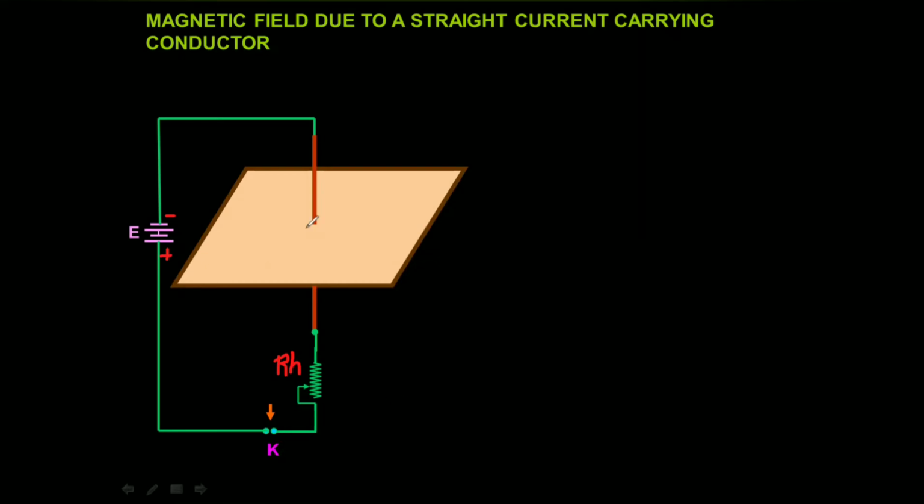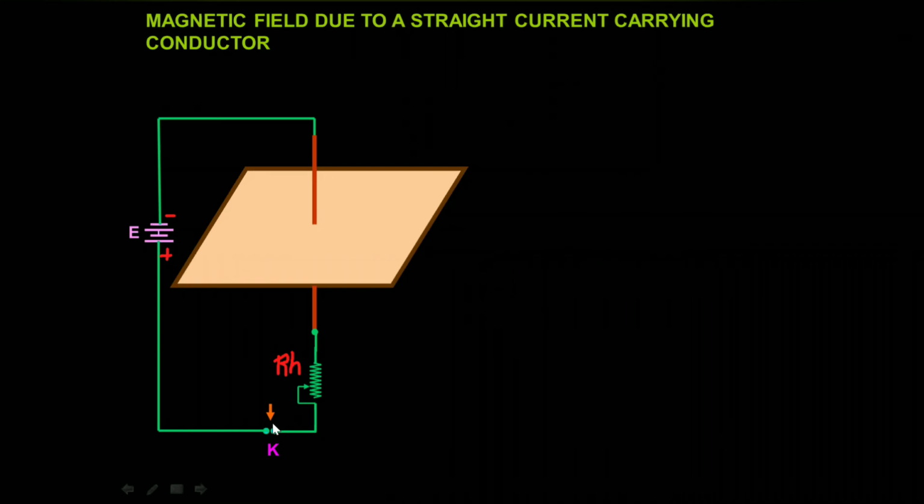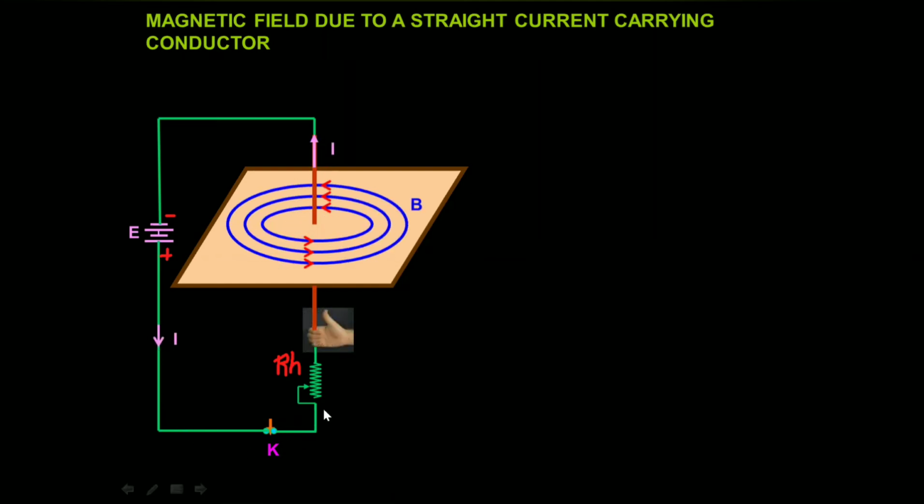When the plug key is closed, the current starts to flow from the positive end to the negative end of the battery, isn't it?